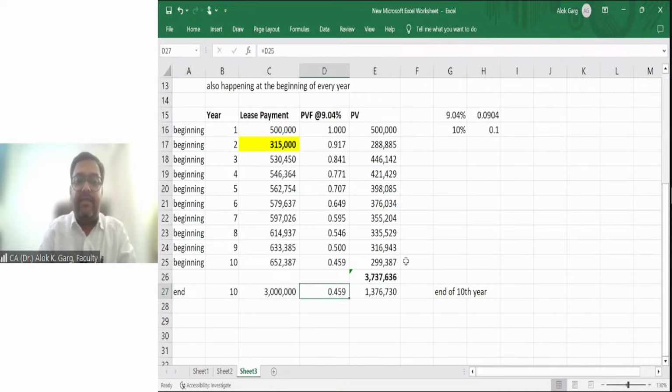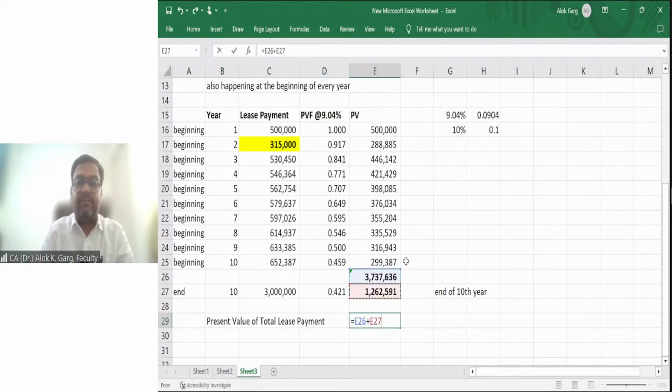So again, I need to compute the discount rate for the 10th year closing, or the 11th year beginning, divided by 1.0904. So this is coming out at 12,62,591. So what is my total present value of the lease payment?